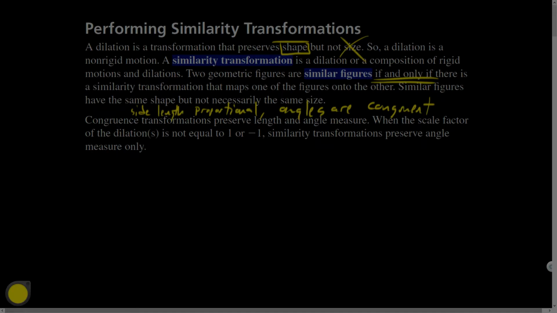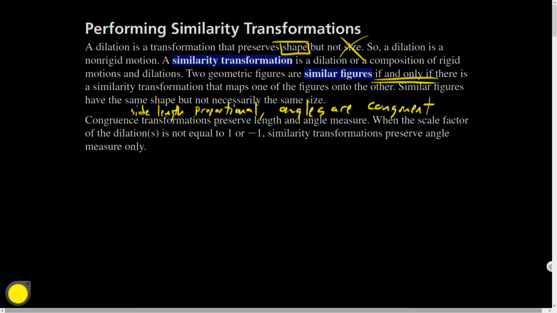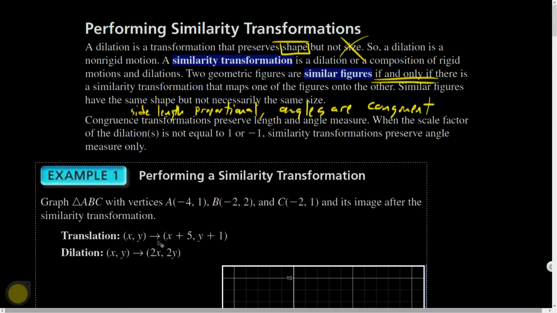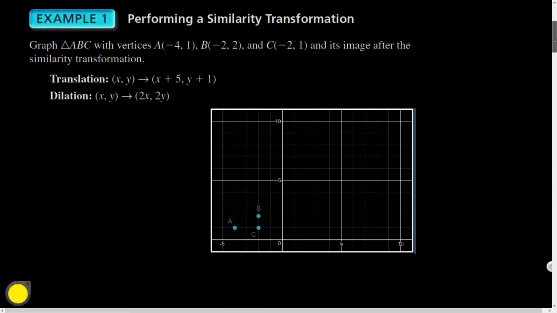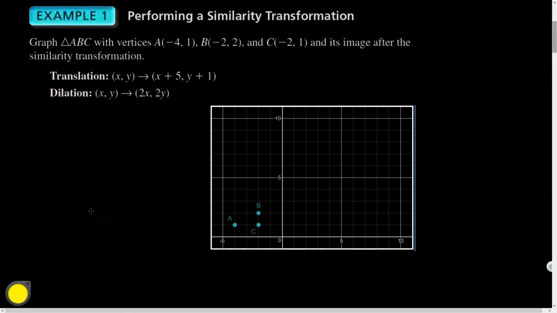So here we go. Let's jump into example 1. All right, performing a similarity transformation. All right, so here's a little triangle. I guess I'll trace it out kind of blue there. So step 1, translate by going over 5, up 1.